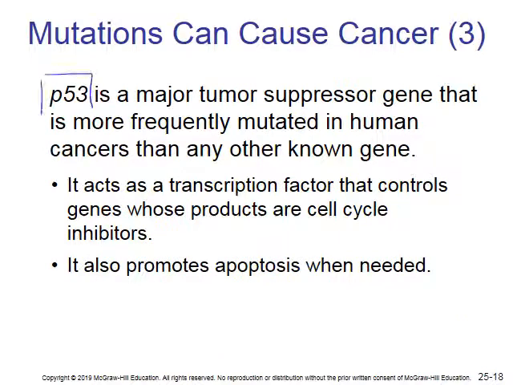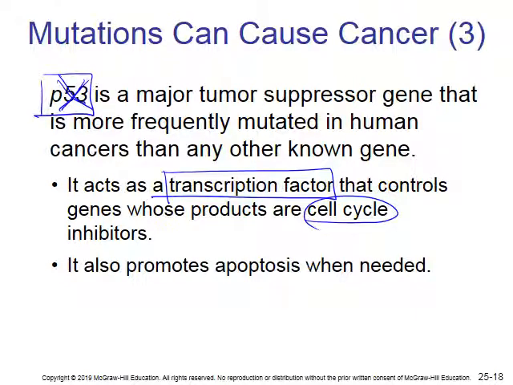One of the most common tumor suppressor genes is called P53. P53 acts as a transcription factor and it controls the cell cycle. So if you're missing P53, your cell cycle continues to copy, right? Copy cells, even if they're defective. And it also promotes apoptosis.